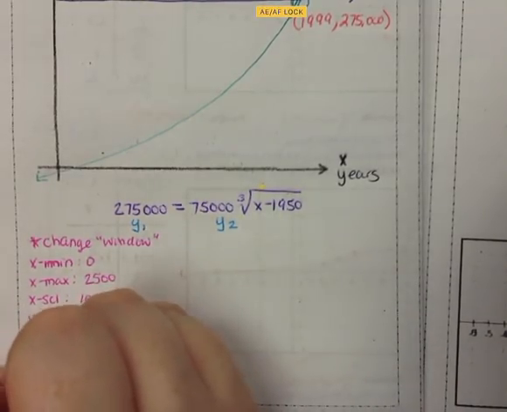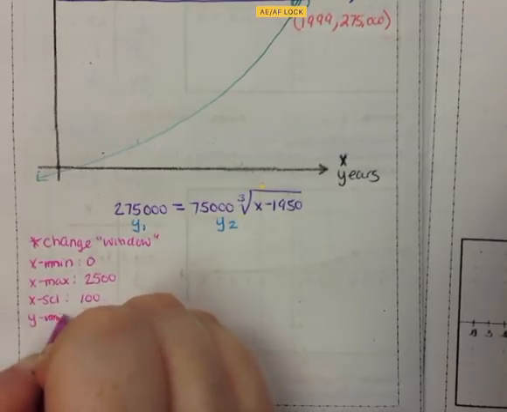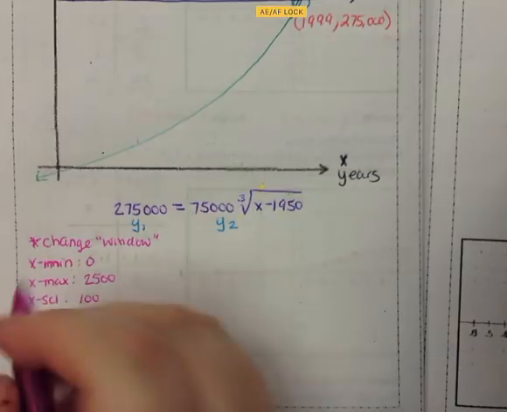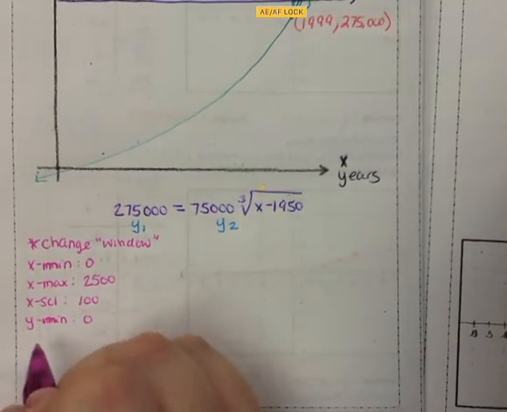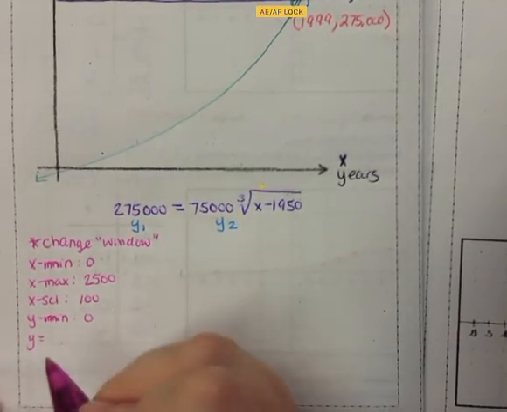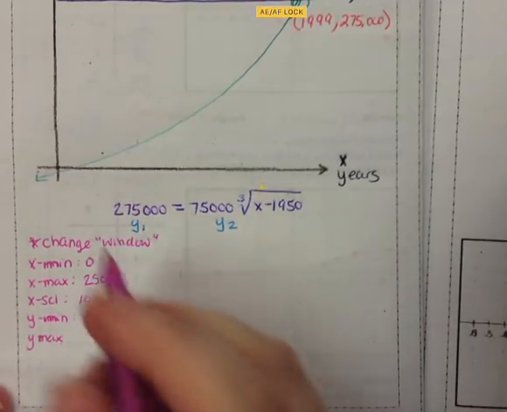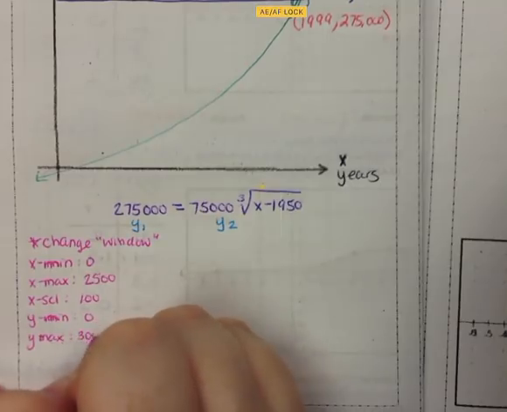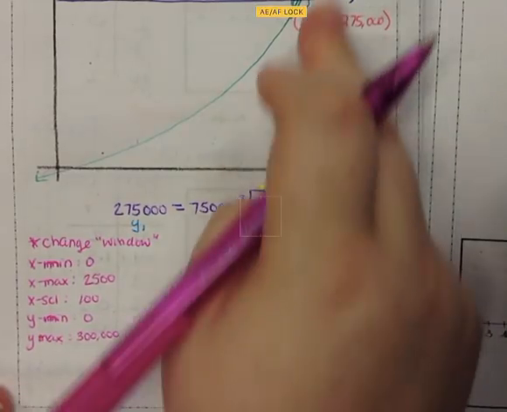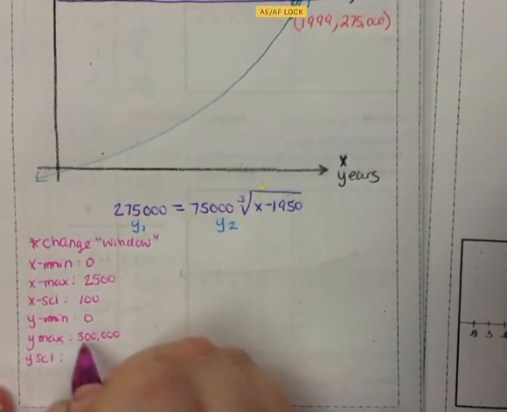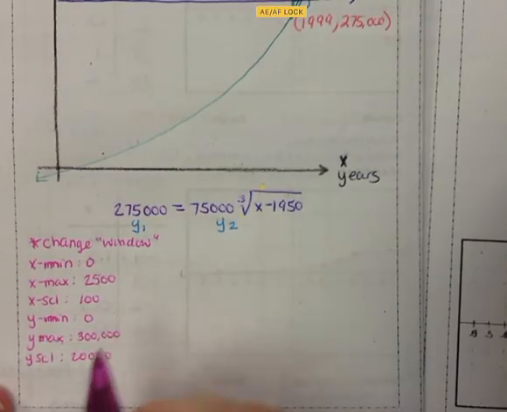Then the population Y minimum, we know has to be 0 because we can't have negative population. And then the Y maximum, we went up to more than 275,000. We went up to 300,000 so that we could see more information. Then our Y scale, we couldn't count by 1, so we counted by 20,000.